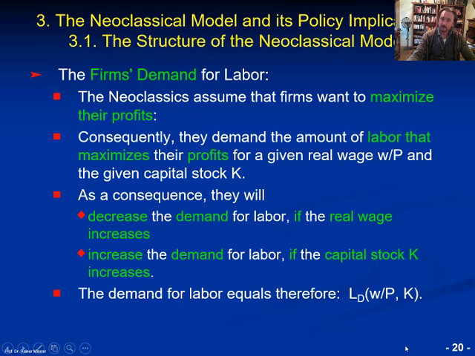Labor demand therefore depends on the real wage rate, which affects labor demand negatively, and the capital stock, which affects labor demand positively.